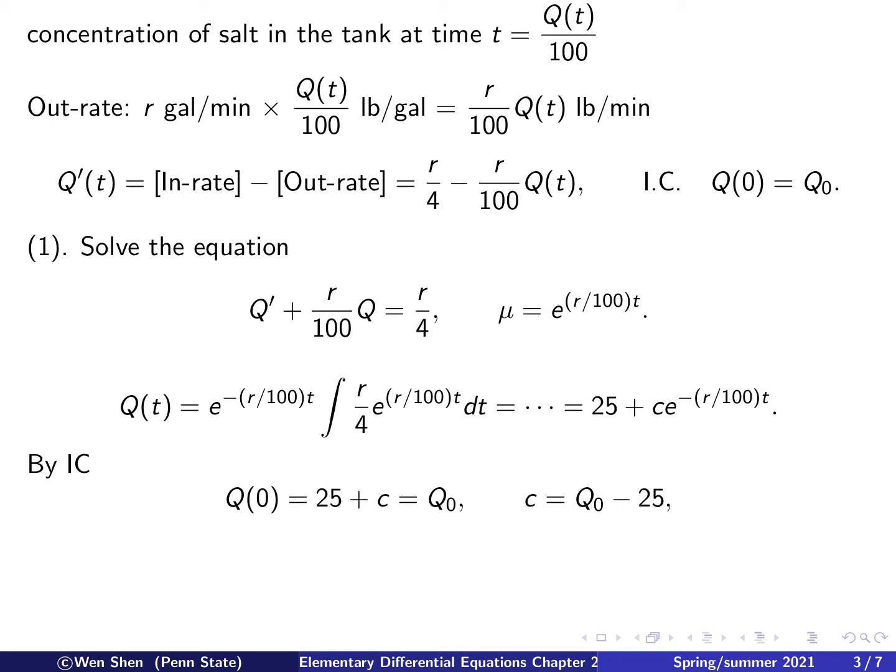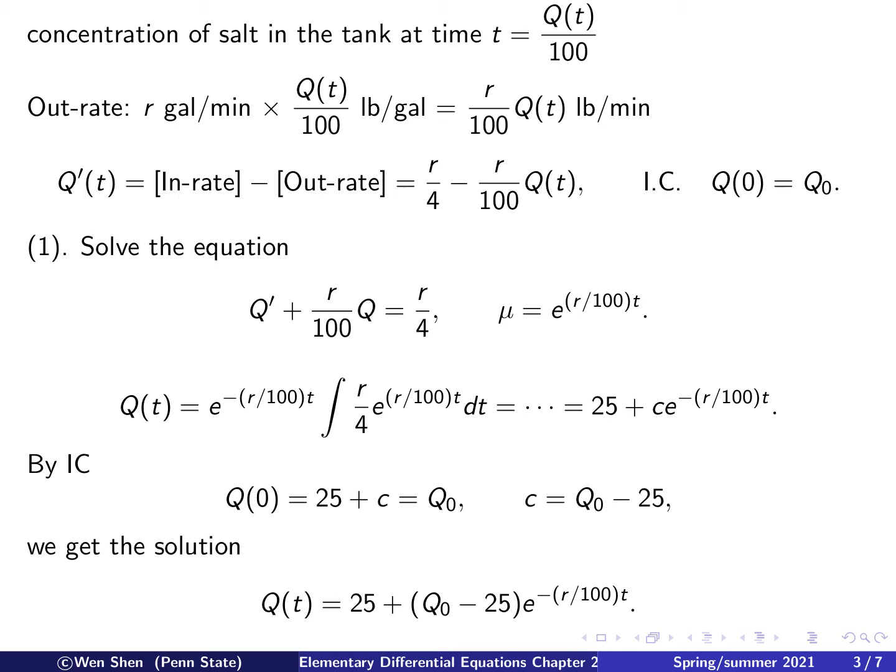And now we can use the initial condition here to find that constant c. So Q of 0, putting in 0, I get 25 plus c times 1, and that shall equal Q naught. That's the initial condition. Q naught is a given number. So using this relation, we find c is Q naught minus 25.